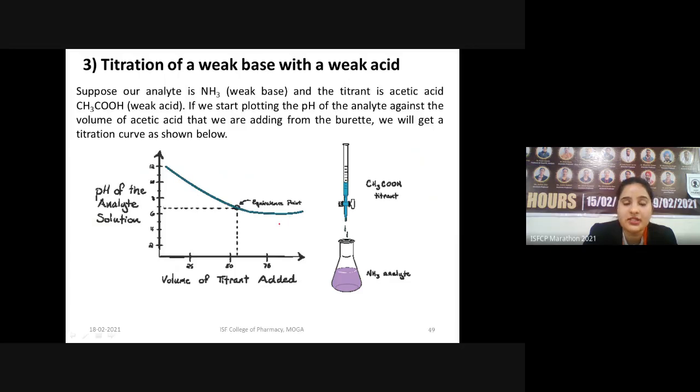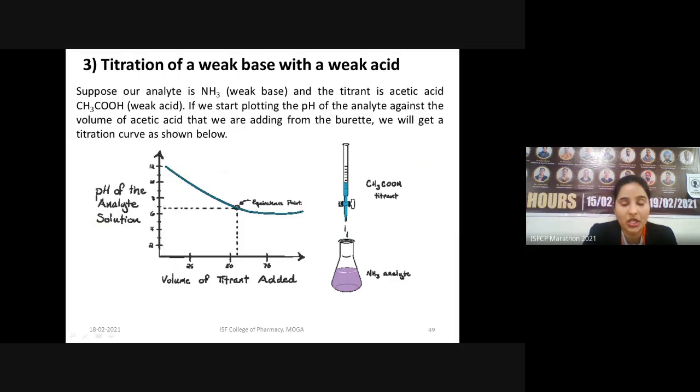The midpoint of the curve is known as point of equivalence. Since in the case of titration of a weak acid with a weak base, no sudden pH change has been observed, we can say that the point of equivalence cannot be studied up to that mark.